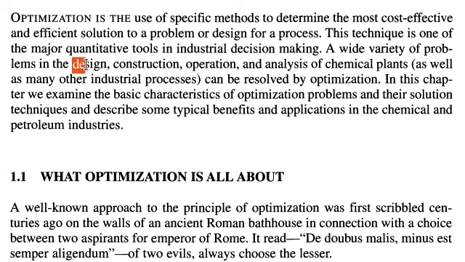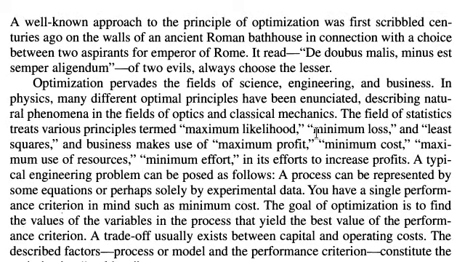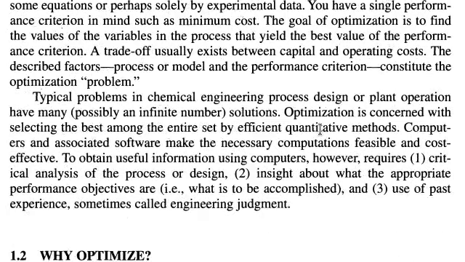So these are the designing aspects, and then when you carry out the operation of the plant, then also it plays important role. And after then, analysis of chemical plants. So all these things can be resolved by optimization in this chapter. So this you can read from here.